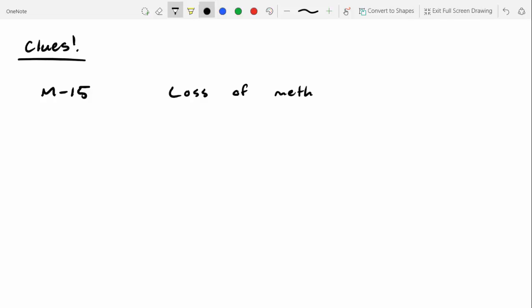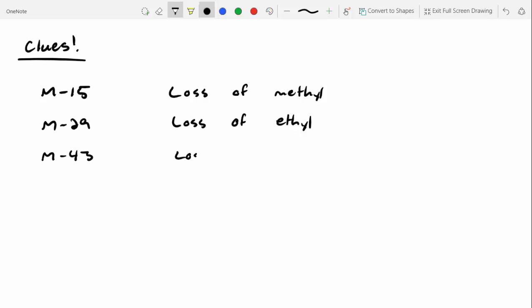we saw this with pentane, right? Where we had mass fragments where we lopped off individual carbons. What about mass minus 29? It's another CH2 added on, so that's probably loss of ethyl. We could do mass minus 43.